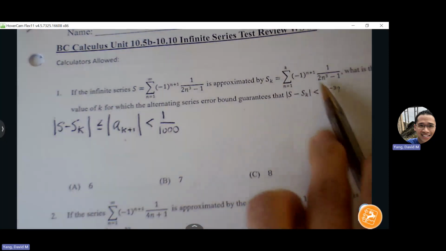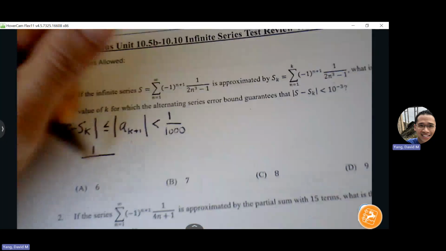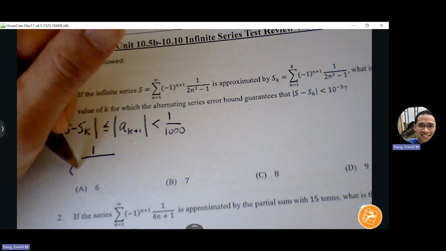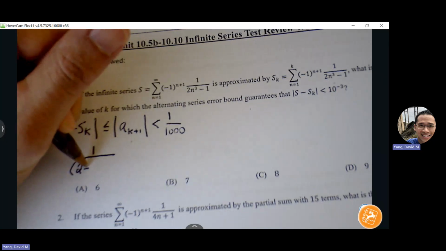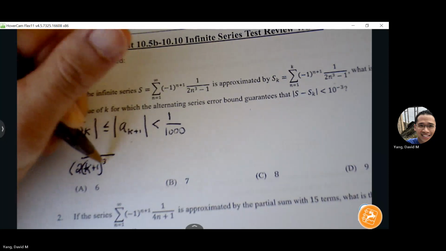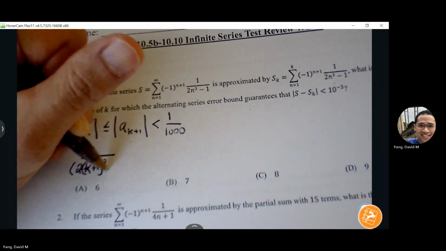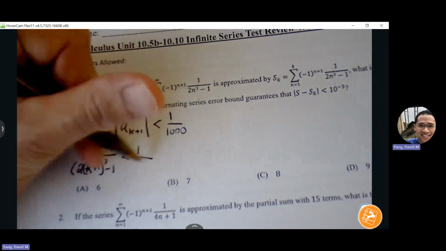So I'm just going to ignore the alternating part here and replace the n with k plus 1. I just want to make sure how many terms will allow the k plus first term to be less than 1 over 1,000.